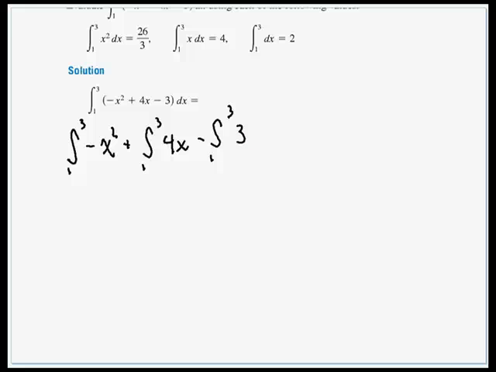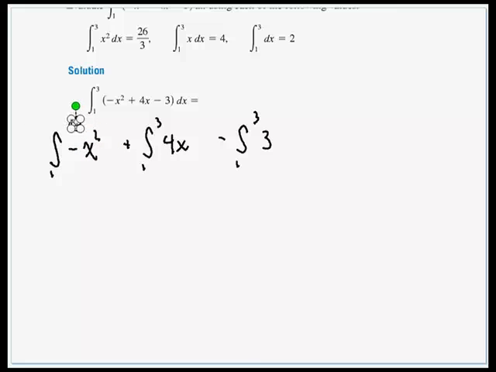And I did forget all of my dx's. When you break these up, that differential goes with each.